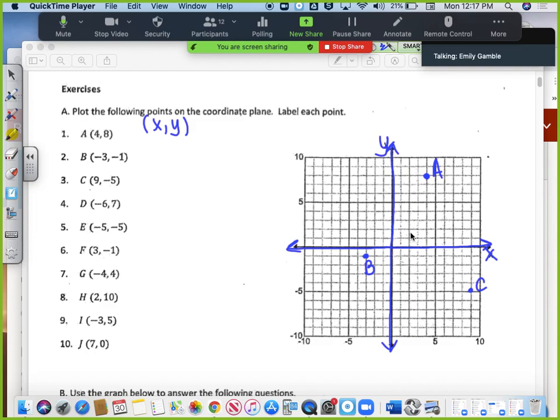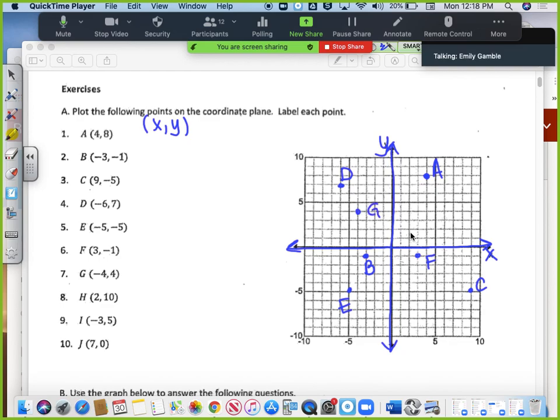For point D, we'll go to the left 6 and up 7, and make a point here. For point E, you'll go to the left 5 and down 5. For point F, you'll go to the right 3 and down 1. For point G, you will go to the left 4 and up 4.